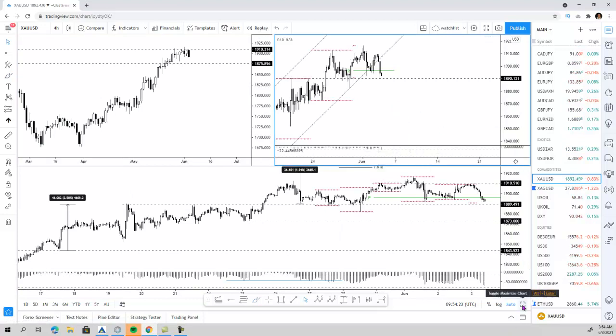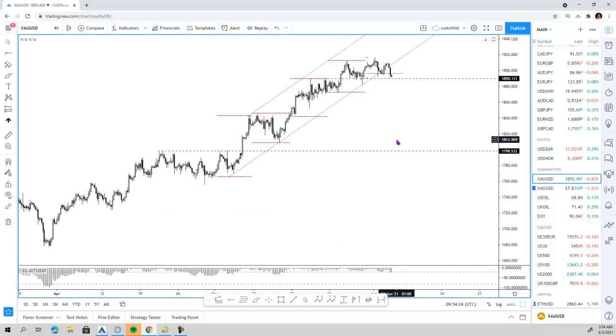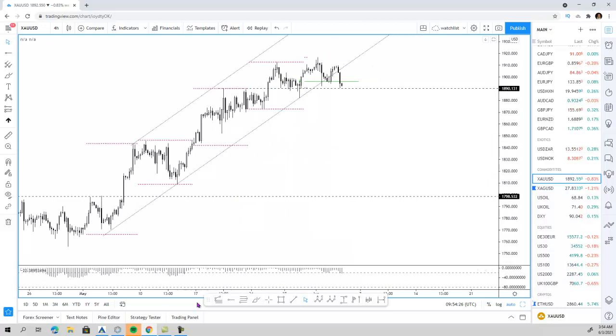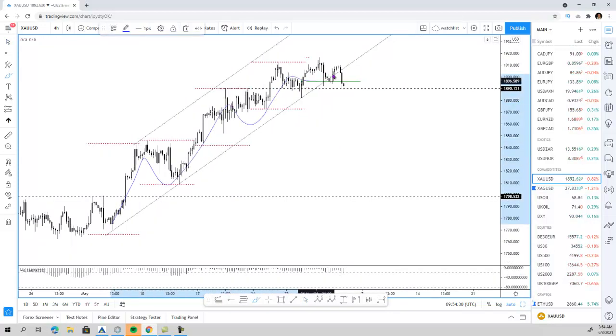Because if we look at the 4-hour chart, yes, price broke with the midterm bullish structure, but we are still above 1890 to 1891, the exact level that was rejected on Friday.